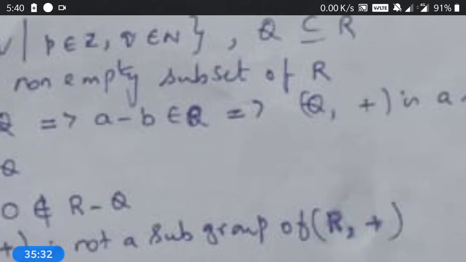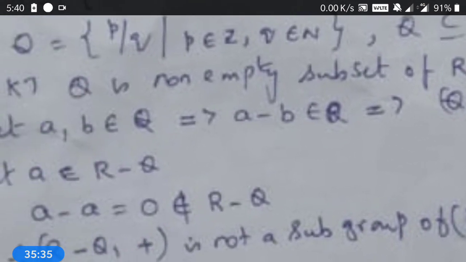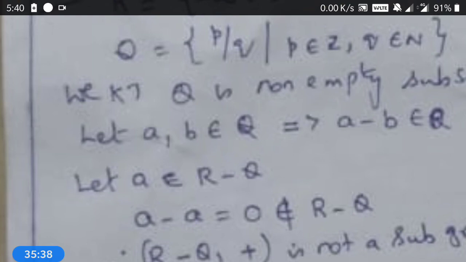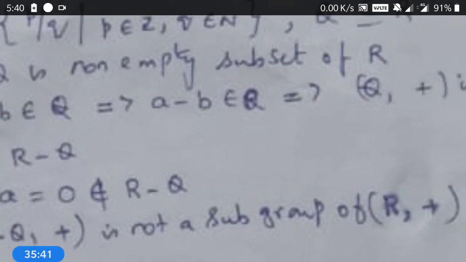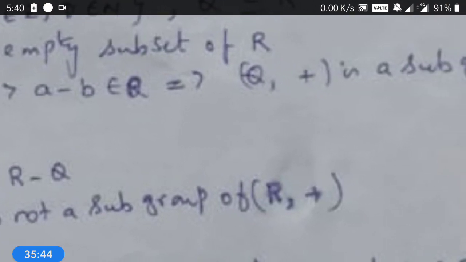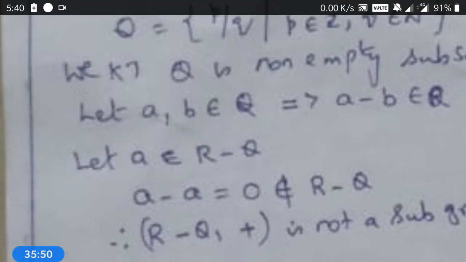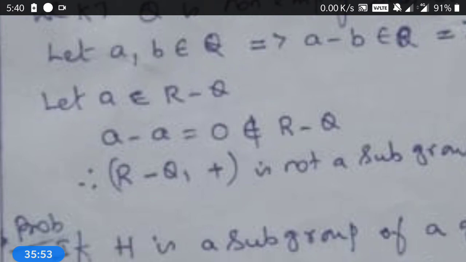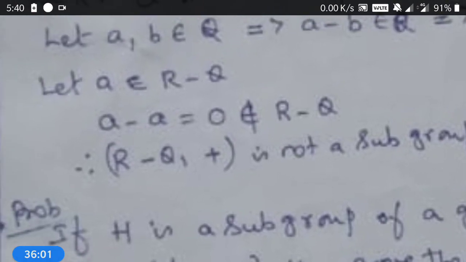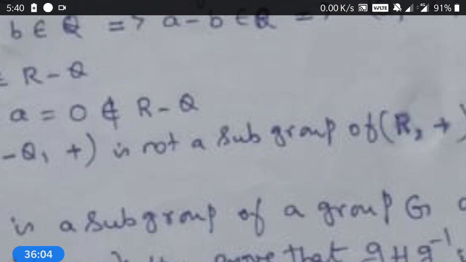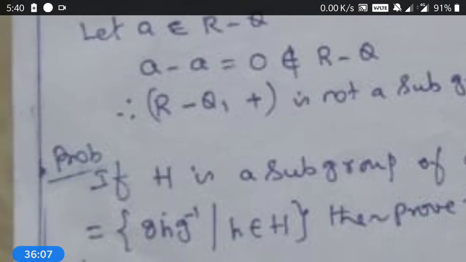Therefore, Q is a non-empty subset of (R, +). Let a, b belong to Q implies a minus b belongs to Q, implies (Q, +) is a subgroup of (R, +). Now, let a belong to R minus Q. a minus a is equal to 0, which does not belong to R minus Q. Therefore, (R minus Q, +) is not a subgroup of (R, +).